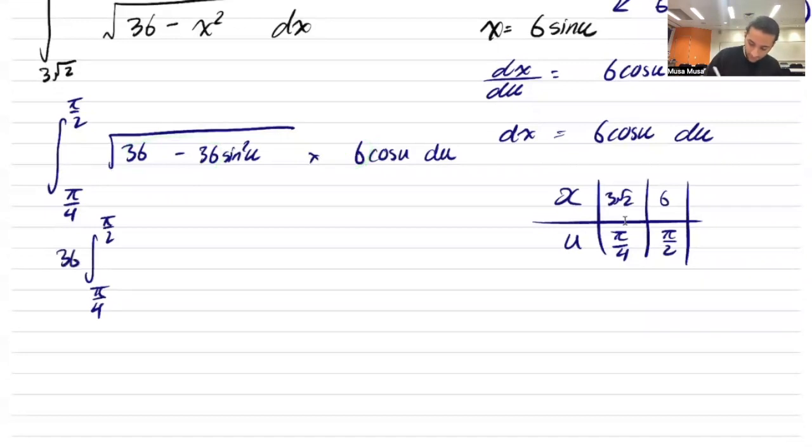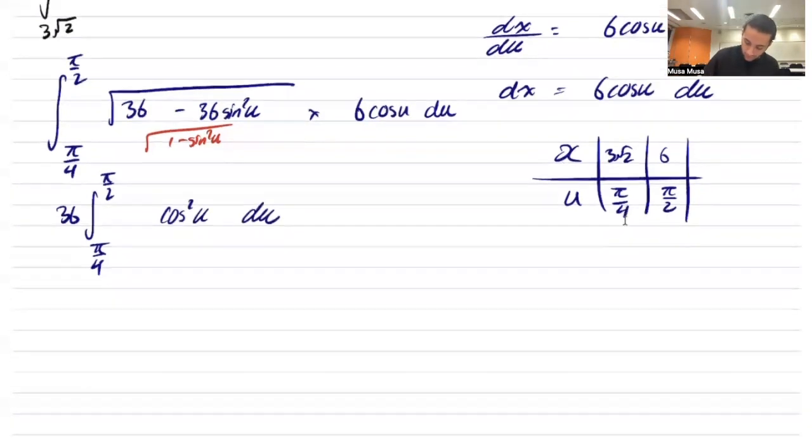So let's put that out the front. And then it's going to be the square root of 1 minus sine squared. Well, 1 minus sine squared is cos squared. Square root of cos squared is cos u. So it's going to be cos u from here times cos u, so cos squared u du.